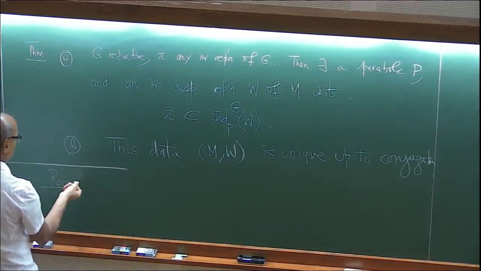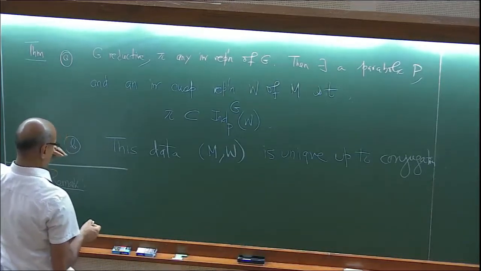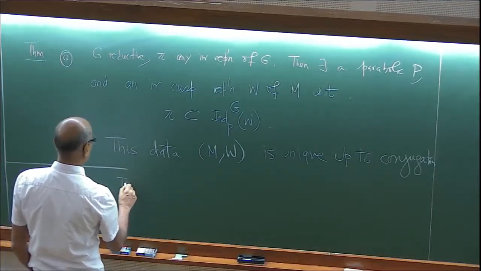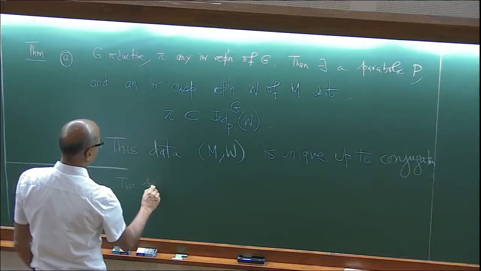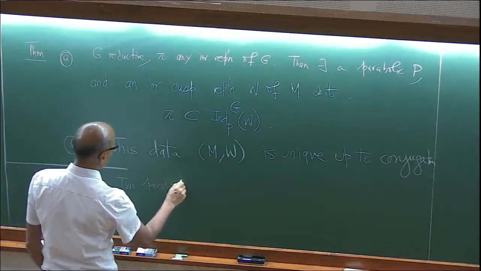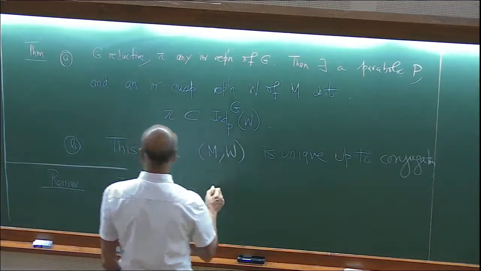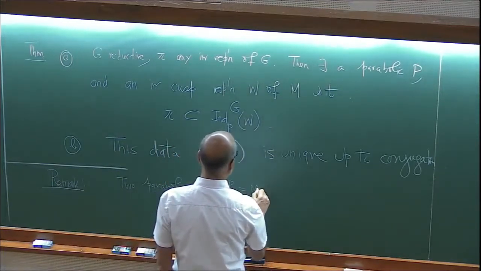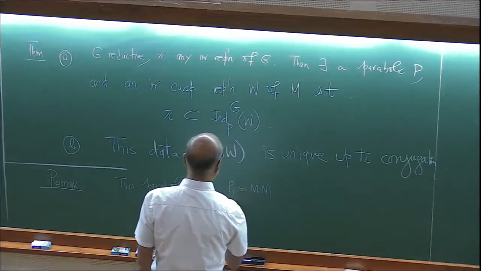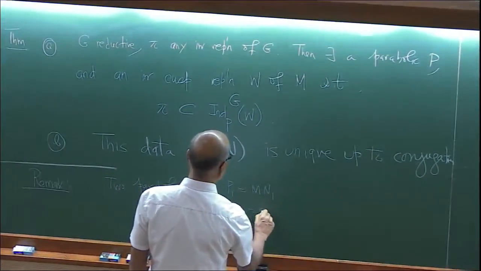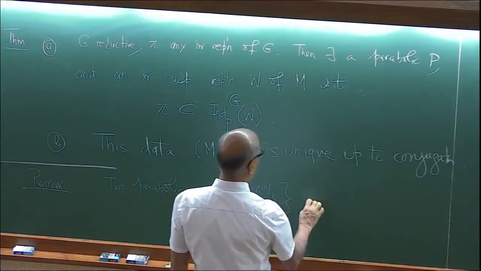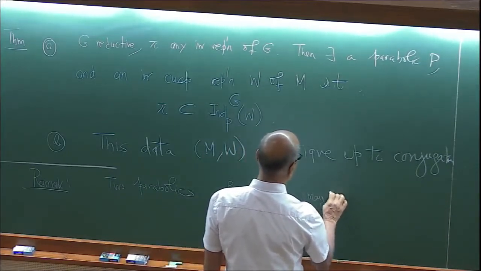I mean, this is a bit of a subtle remark that two parabolics P1 equals M times N1 and P2 equals M times N2 may be non-conjugate.